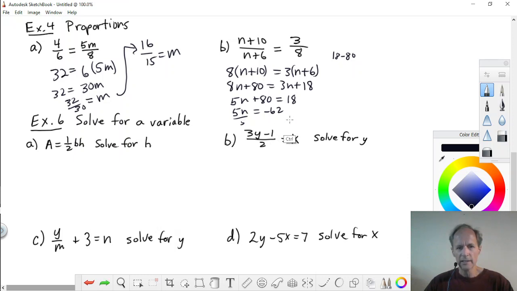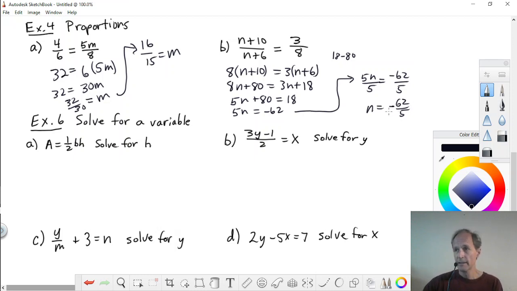Writing another step over here. 5n equals negative 62, dividing both sides by 5, which leaves n equals negative 62 over 5. You cannot reduce that. You can punch it into your calculator if you want, that's fine.